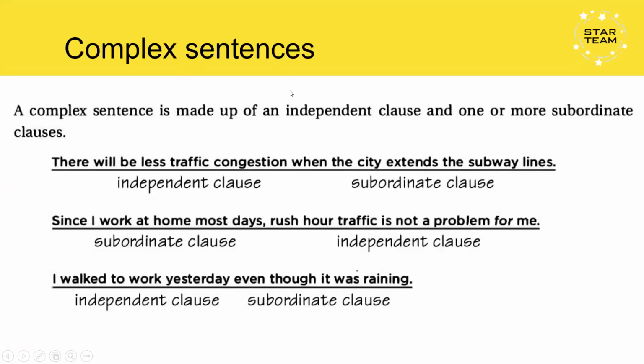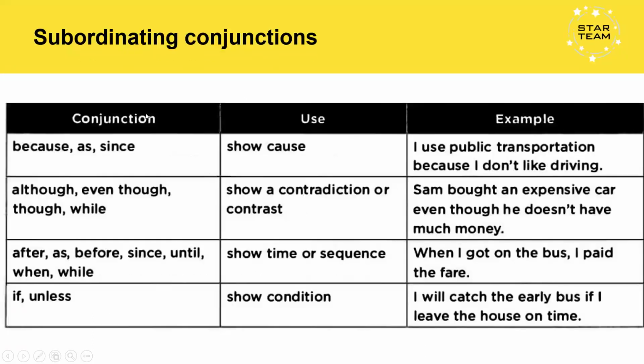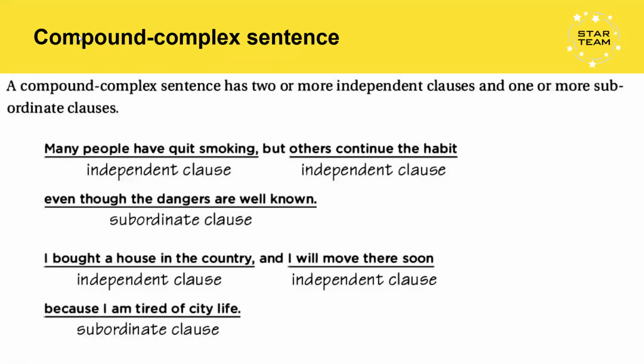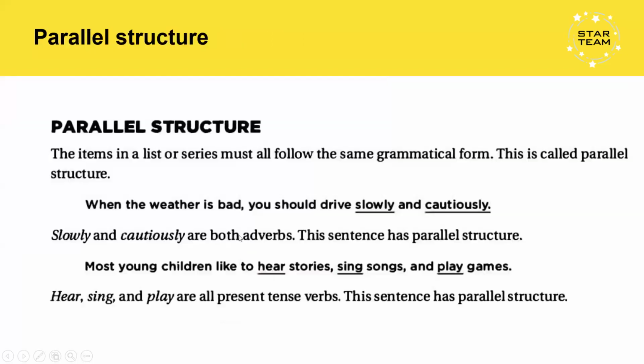We have discussed complex sentences, independent and subordinate clauses, conjunctions used in such clauses, that there can be more than one independent clause. Two, for example, is an independent clause and a subordinate clause. We practiced. We also discussed parallel structure.